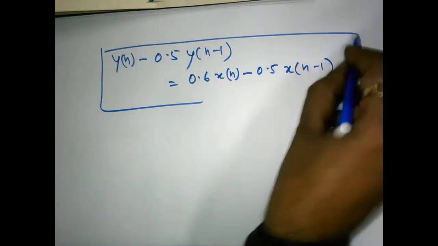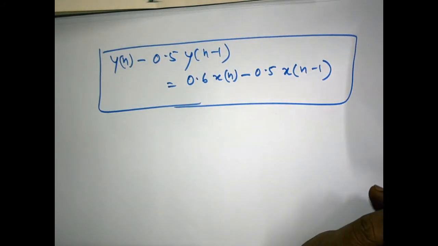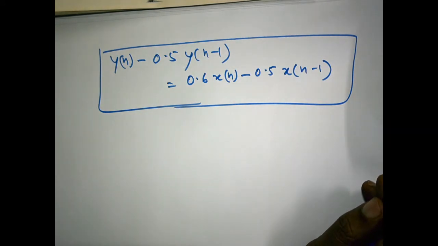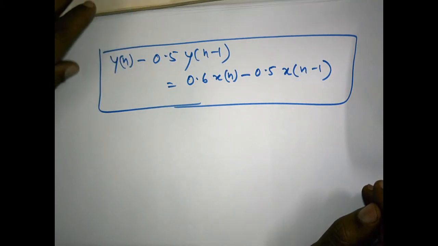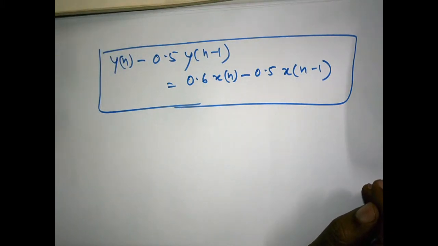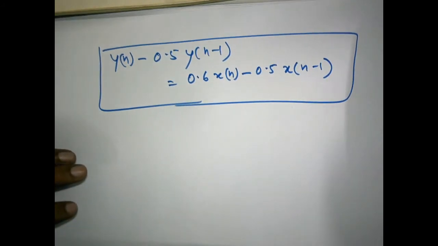This is the difference equation form of this system, simply by taking the inverse Z transform, just by correlating from that table. So this way you can do these things. Now, I will take the rest of the things in the next lecture.